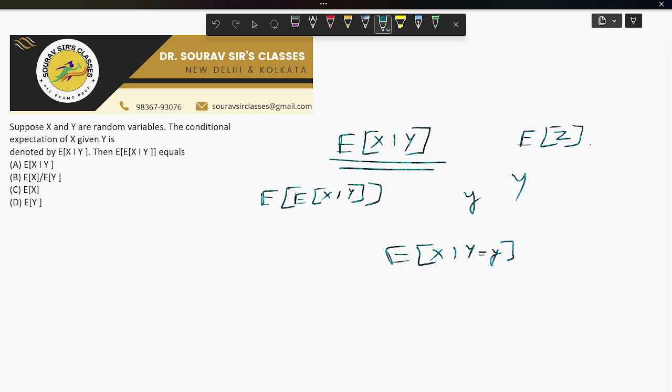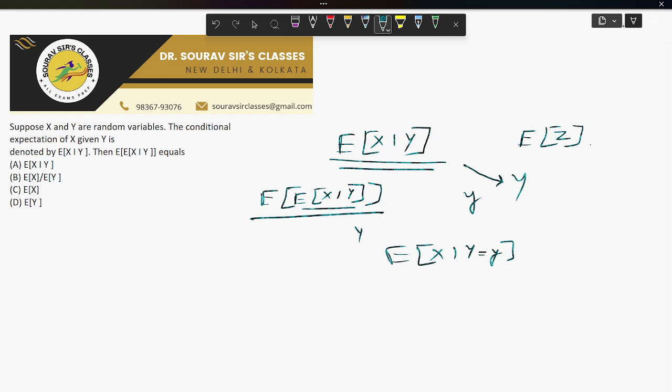But since capital Y is random and E[X|Y] is a function of Y, it is hence a random variable. Okay, am I right? So now the expectation of this thing is the average of E[X|Y] over all possible values of Y.